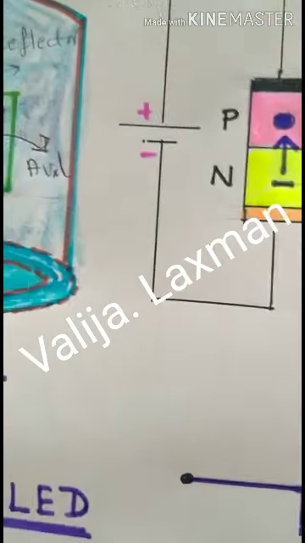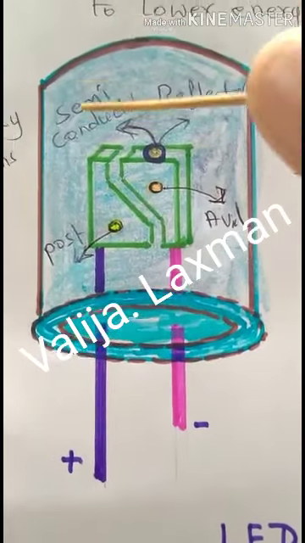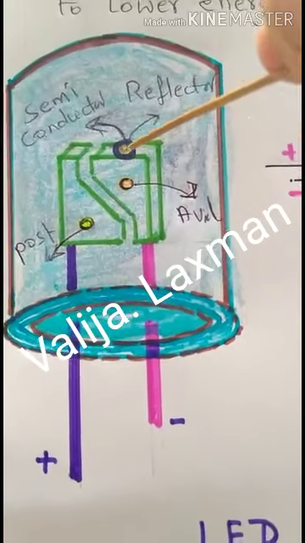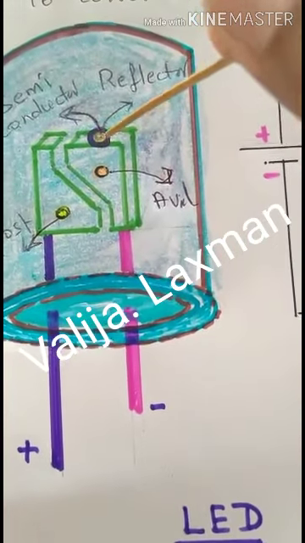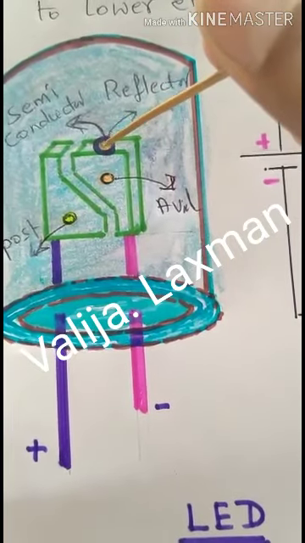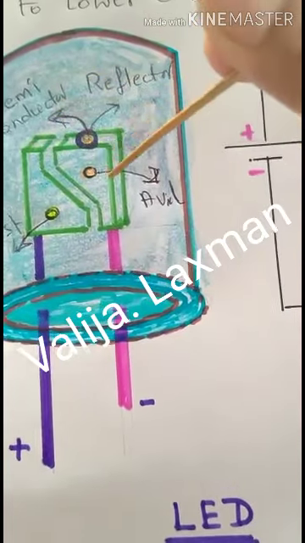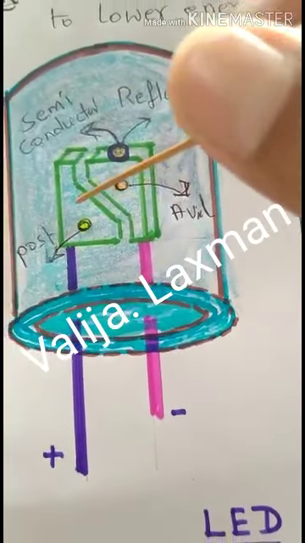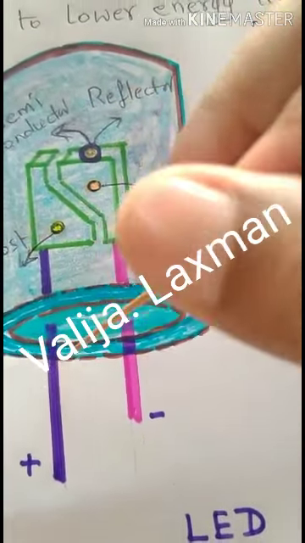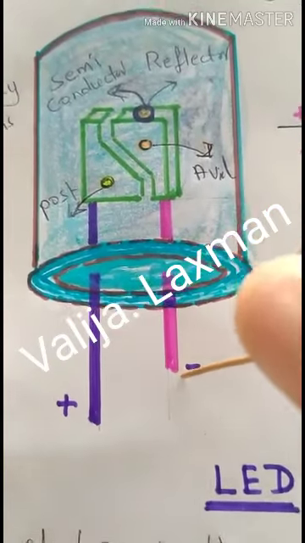Now the actual physical construction of the LED will be in this form. Inside the LED you will have two metal contacts, and on one of them we have a reflector, which is capable of reflecting the light, and this yellow colored portion is the semiconductor material. Here we have an electrical contact called the anvil, and this is the electrical contact called the post, and these two are connected with wires just outside the LED, the positive terminal and the negative terminal.